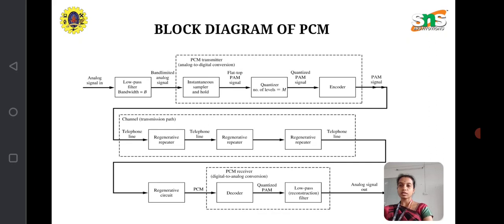This is the block diagram of PCM, that is pulse code modulation. We have the PCM transmitter, where we convert analog to digital, and next we have the receiver block at the bottom, which is used for converting digital to analog signals.